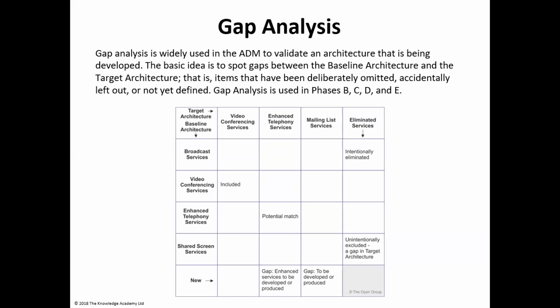Next one, shared screen services. Do you see that in the target? No, it is not there. It says it is being excluded unintentionally. What does unintentionally excluded mean? For example, somebody made a mistake.